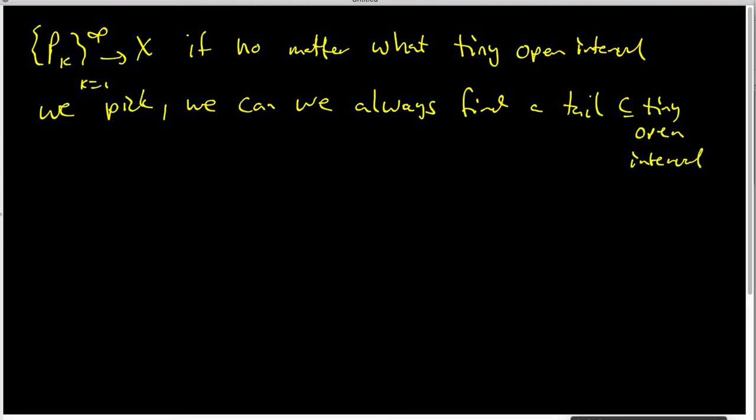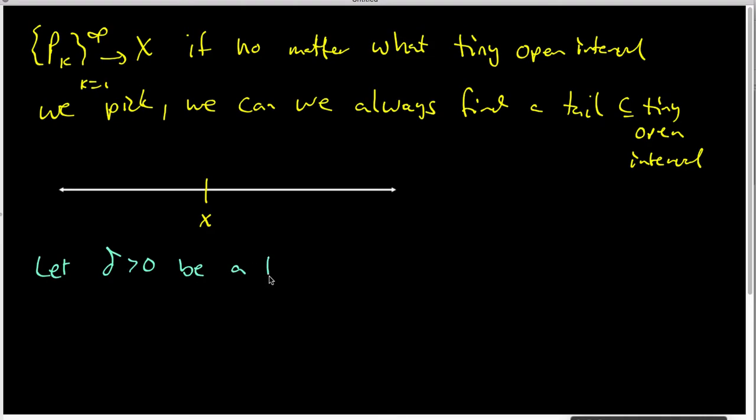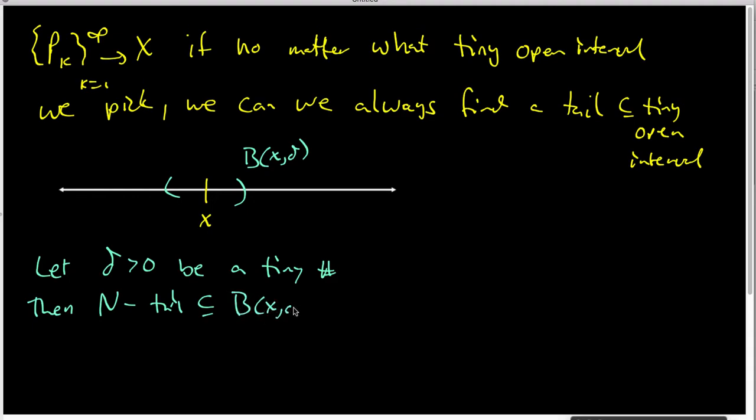Now, the easiest way of thinking about tiny little open intervals is to be thinking in terms of delta balls. In other words, if this is x and I let delta be bigger than 0 be a tiny number, so I get a little tiny delta ball centered at x, then there's going to have to be an N-tail that is a subset of that delta ball.